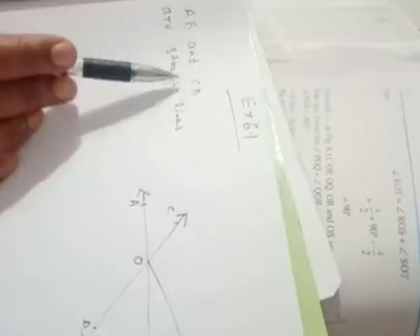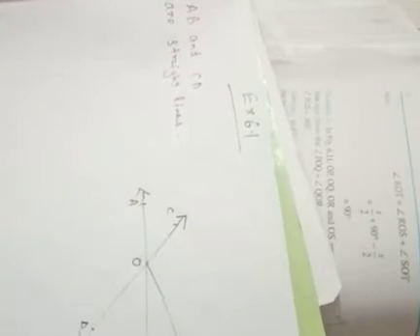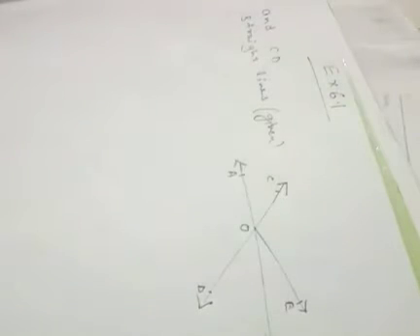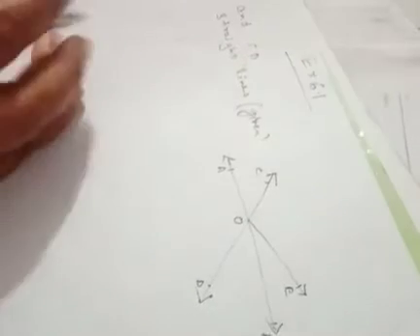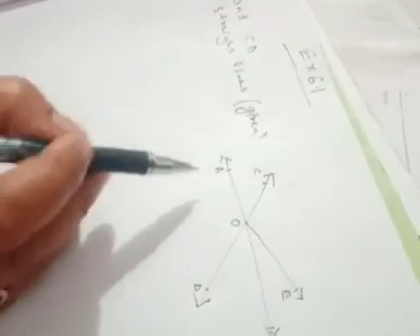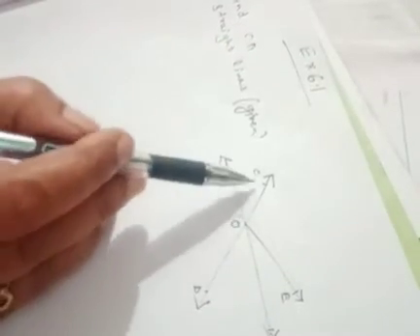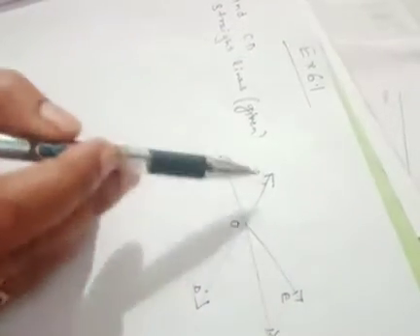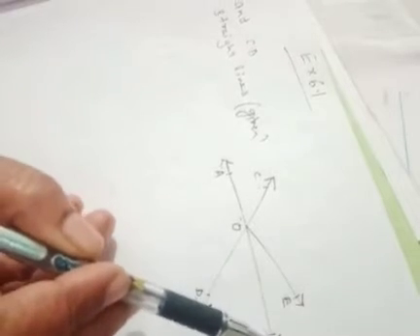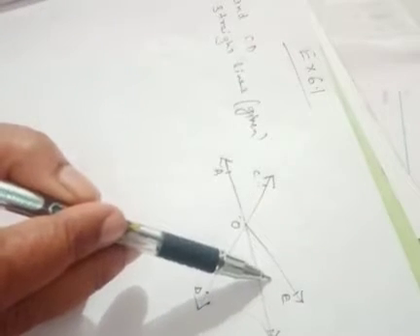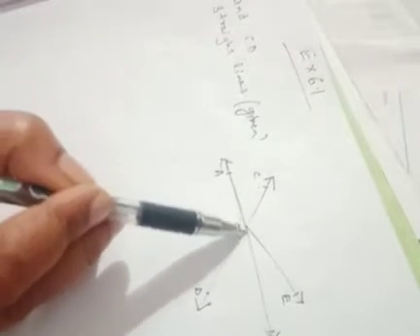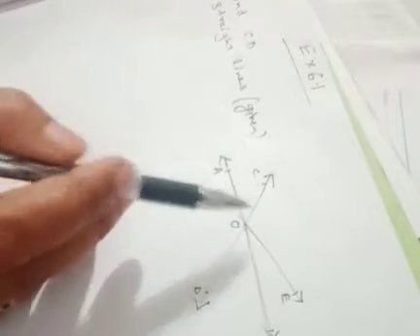Actually, given AB and CD are straight lines. This is given to you, already mentioned in the question. So write down given. The next point you have to write is that angle AOC plus angle COE plus angle BOE, the sum of the angles on the straight line AB, should be equal to 180 degrees.